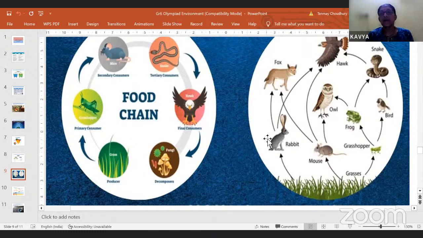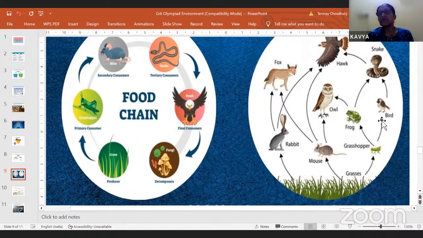What is a food web? In the food web, what we see is there are many food chains together. For example, the grass is being eaten by mouse, but the mouse is eaten by hawk. The mouse is also being eaten by owl, and the mouse is being eaten by fox. And the grass is eaten by rabbit. Rabbit is eaten by fox. Okay. The grass is eaten by the grasshopper.